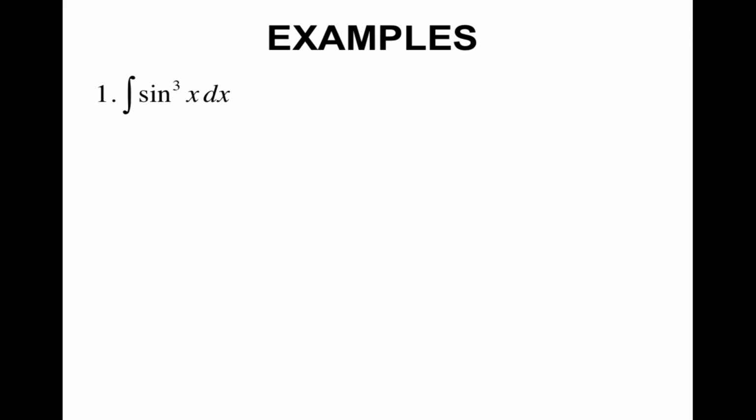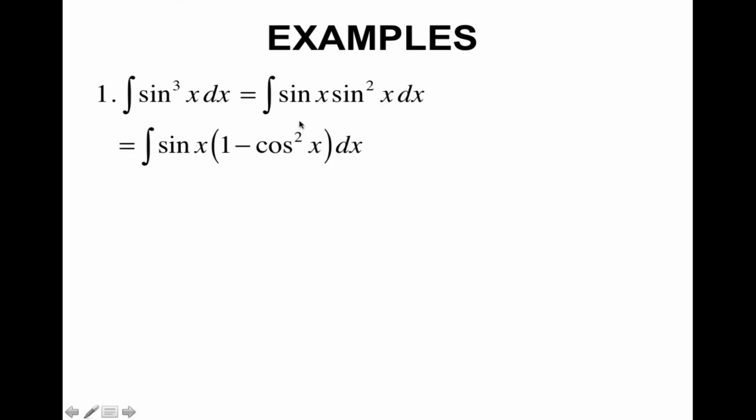We have the integral of sine cubed x dx. Well, we can rewrite sine cubed as sine times sine squared x. And we have a trig identity that we can use to rewrite sine squared: the Pythagorean identity, sine squared x equals 1 minus cosine squared x.